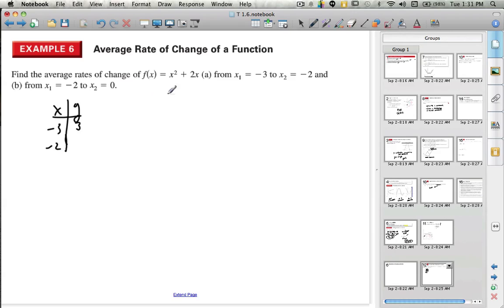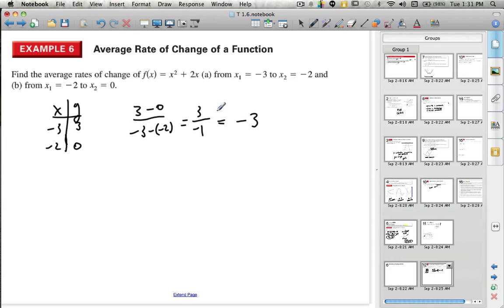And when x is -2, -2 squared is 4, plus 2 times -2 is -4, that would be 0. And when I find my difference, I'm going to have 3 minus 0 over -3 minus -2. So I have 3 over -1. So my average rate of change is -3.